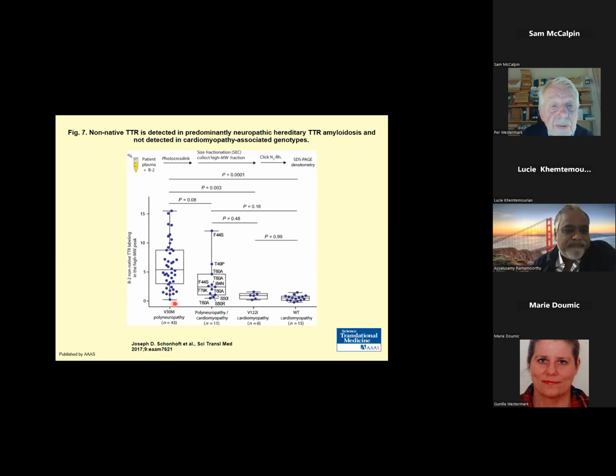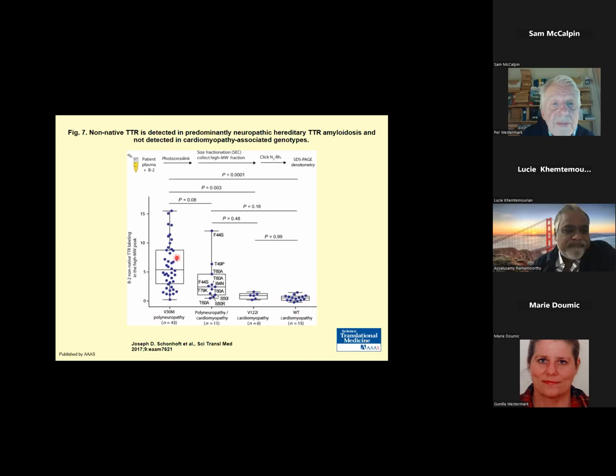They showed that patients with the Met30 mutation had something circulating in plasma, misfolded protein of TTR origin, in the polyneuropathy patients, most of them at least, but did not find it in wild type cardiomyopathy.